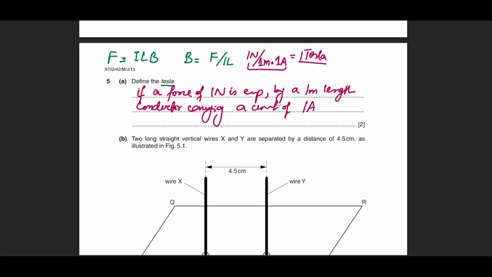So you've discussed theoretically all three things: force, current, and length, and everything is 1. 1 meter, 1 ampere, 1 Newton. Then the magnetic flux density is 1 Tesla. This makes the full definition.